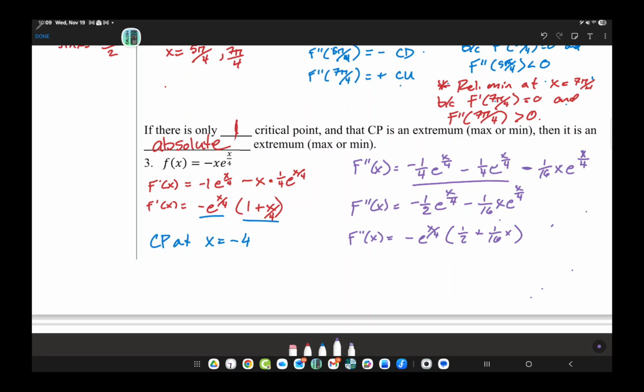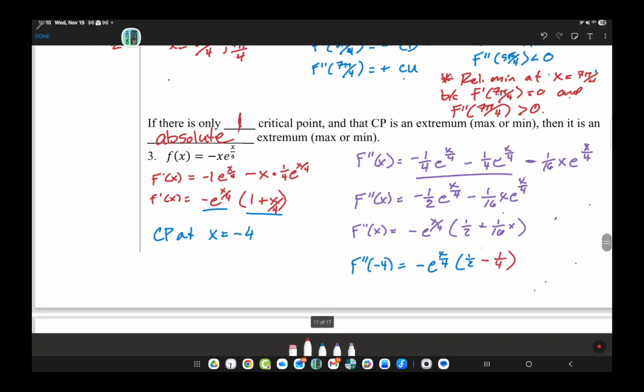So if I plug in negative 4 there, 1/2 minus 1/4. Now 1/2 minus 1/4 is positive, right? So if this is positive and this is negative, what's the whole thing going to be? Negative, making this concave down. So we have an absolute max at x equals negative 4.